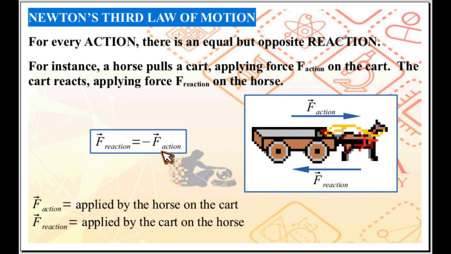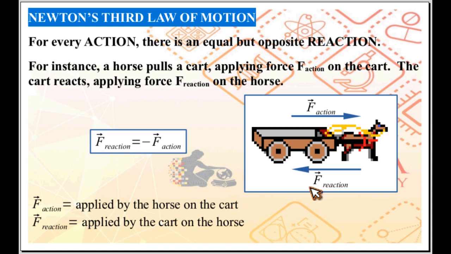They do not cancel out because they are applied on two different objects. Forces will only cancel out if they are applied on the same object. F action is applied by the horse on the cart, so it's applied on the cart.